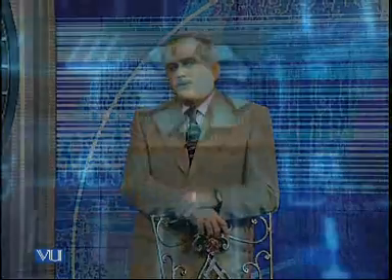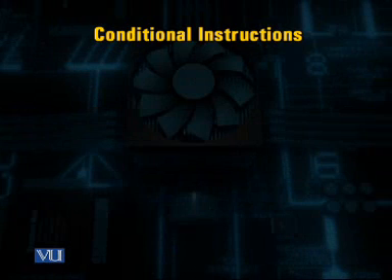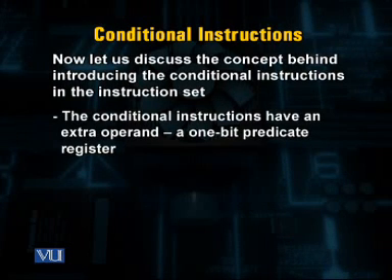Now, let us discuss the concept behind introducing the conditional or predicated instructions in the instruction set of the processor. The basic concept is that the conditional instructions are introduced with extra operands.